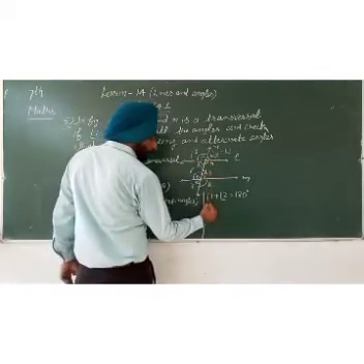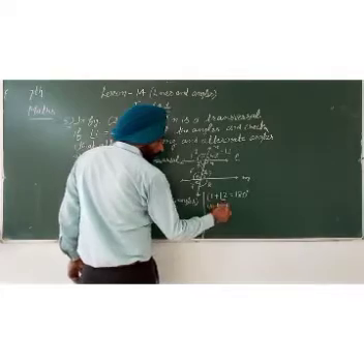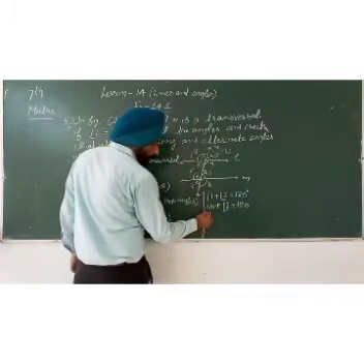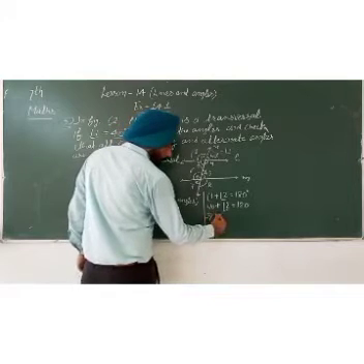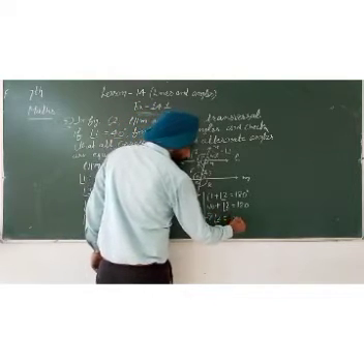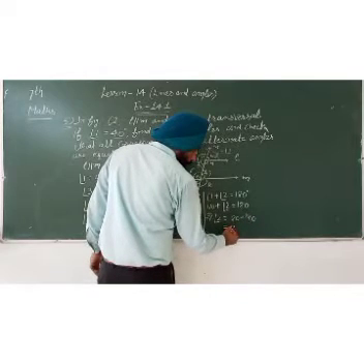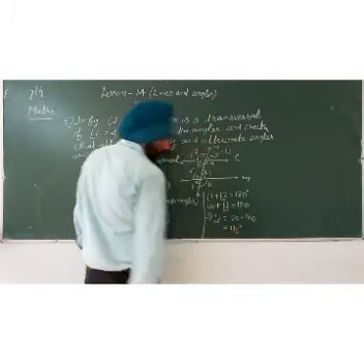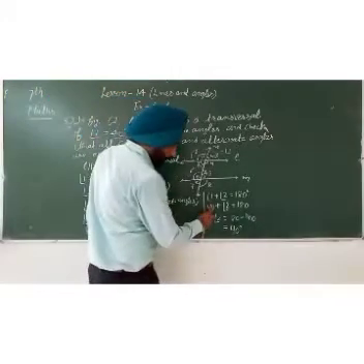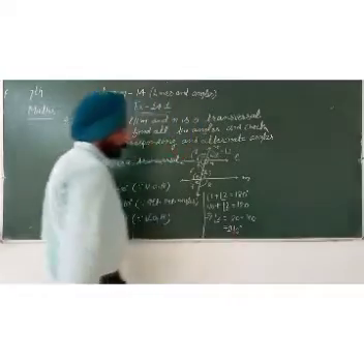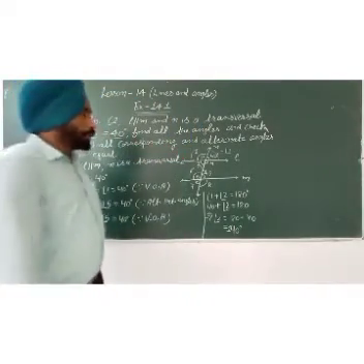Angle 1 is 40, plus angle 2 is equal to 180. So angle 2 will be 180 minus 40, which is equal to 140. So angle 2 is equal to 140.